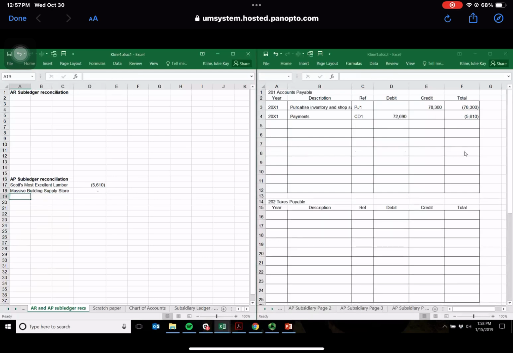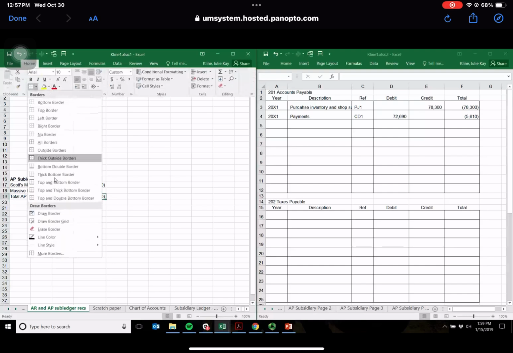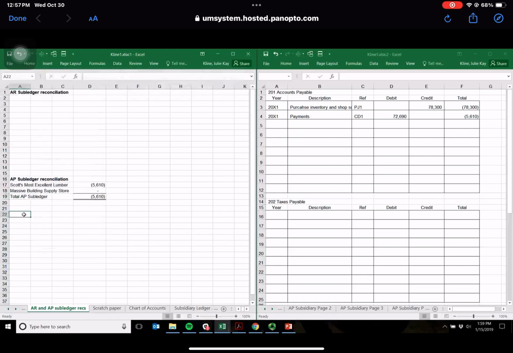And so this is going to be my total AP subledger. And what I want to do is make sure that my subledger matches my main account, AP account.